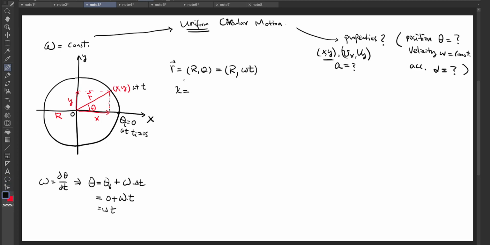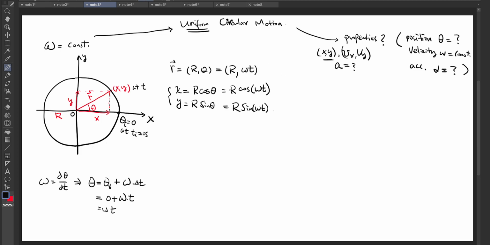So x equals radius r times cosine theta, and y equals radius r sine theta. Now in terms of the time variable, it will be cosine omega t here and sine omega t here.